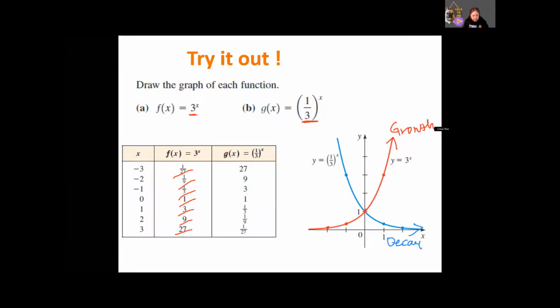It's exponential growth and exponential decay. What determines your graph increasing or decreasing is the base being a whole number or a fraction. Yes. Okay. Are we all good? Okay, I'm moving on.